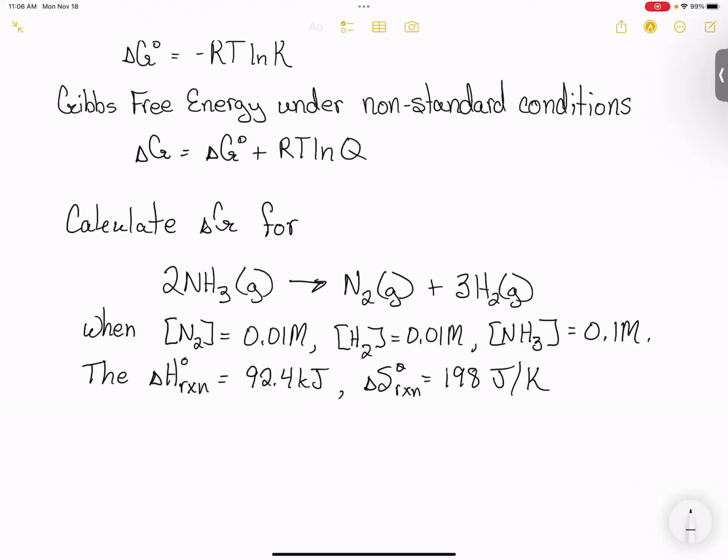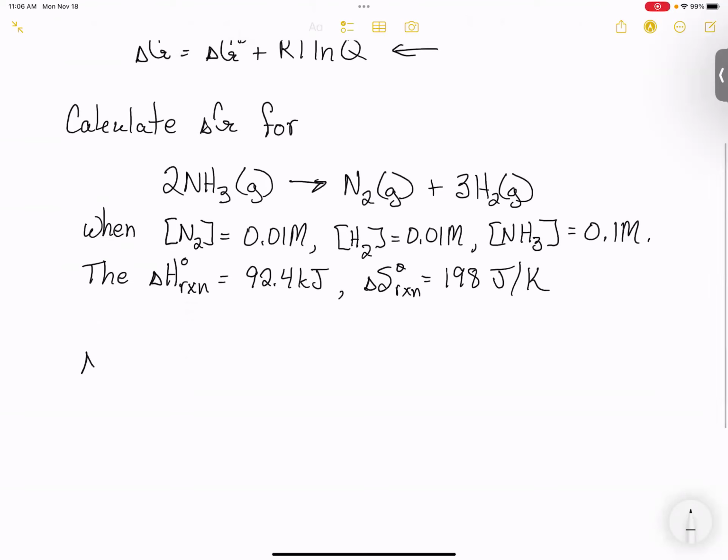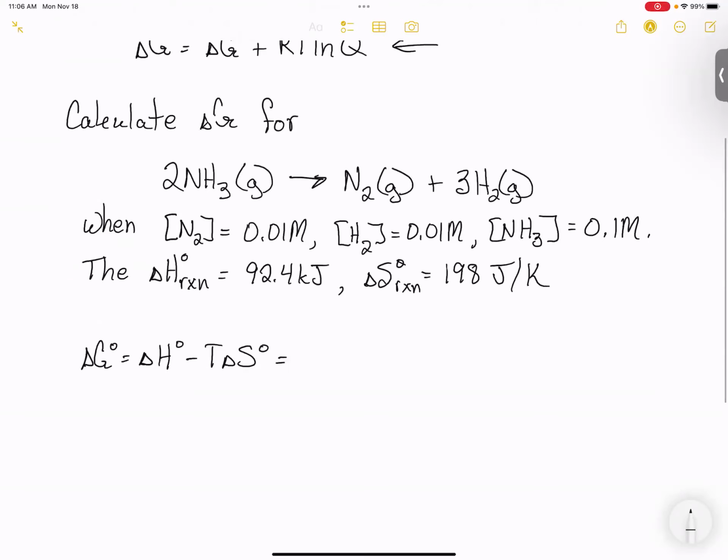Okay, so in order to get this, we need to obtain all of the factors involved in this equation. The first factor that you need in this equation is delta G naught. So delta G naught is equal to delta H naught minus T delta S naught. We've been told that the delta H is 92.4 kilojoules minus the temperature. We're going to assume it's 298 Kelvin unless told otherwise.